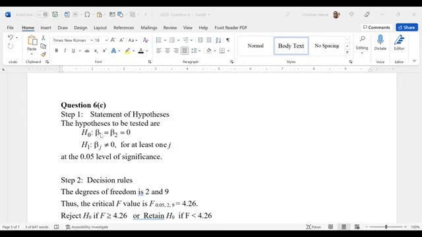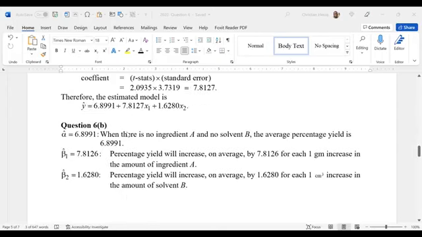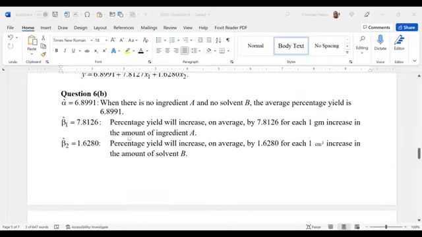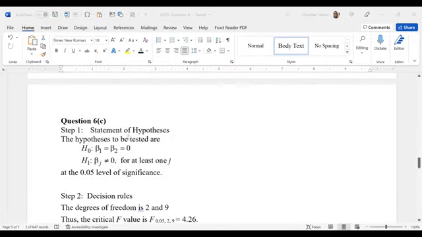Suppose there is a third factor, then it will be beta 1 equals beta 2 equals beta 3 equals 0. Suppose there is a fourth factor, then it will be beta 1 equals beta 2 equals beta 3 equals beta 4 equals 0. But because the factors for this particular question are only 2, H naught is beta 1 equals beta 2 equals 0.